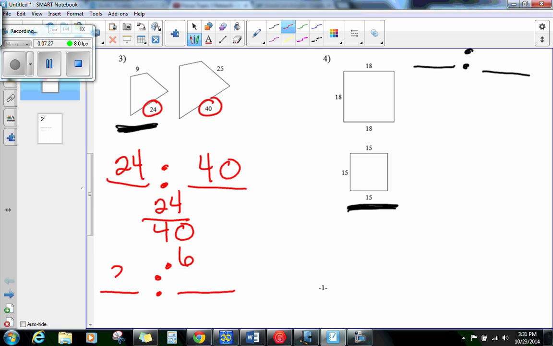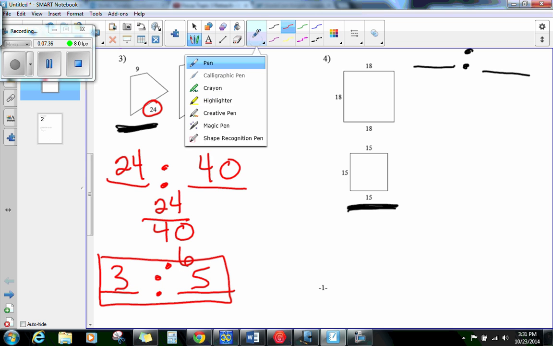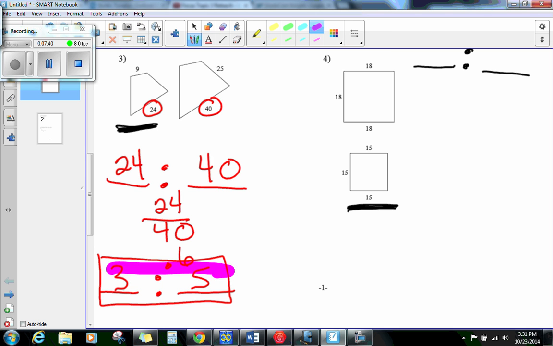And that fraction is 3 over 5. But we want a colon in the middle, not an actual fraction sign. So our scale factor for this problem is 3 colon 5. Let me highlight that for us. 3 colon 5. I'm sorry, that wasn't such a good highlight. Okay, on to our next question.